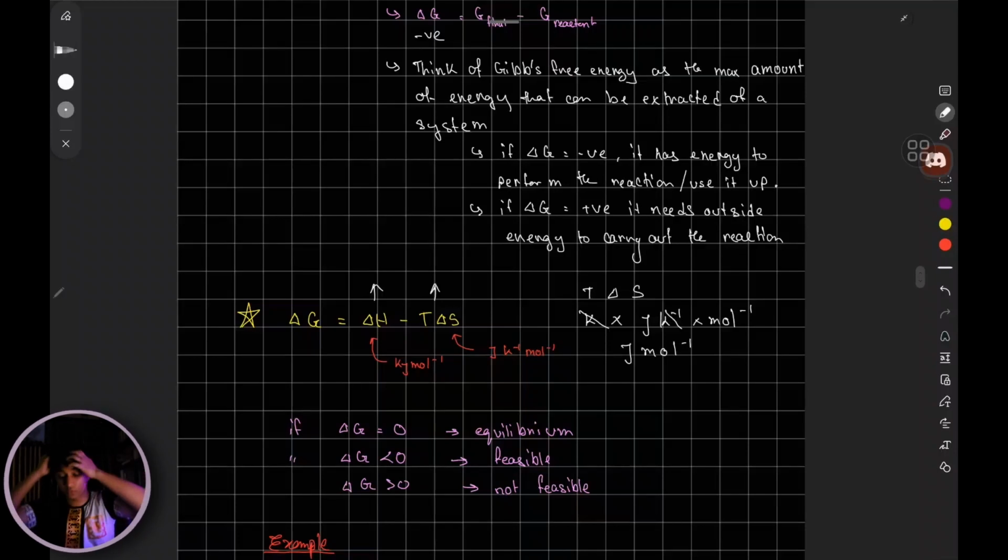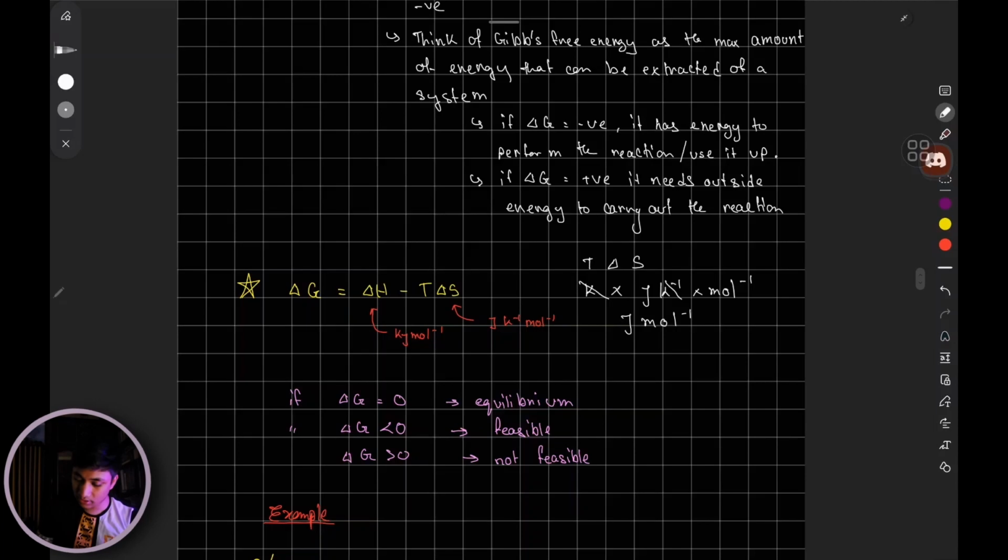At the end of the day, what you're getting is whether there is enough Gibbs free energy in the system to carry out this reaction. If your Gibbs free energy is negative, yes, the reaction will take place. If the Gibbs free energy is positive, no, the reaction won't take place because there is not enough free energy in the system.